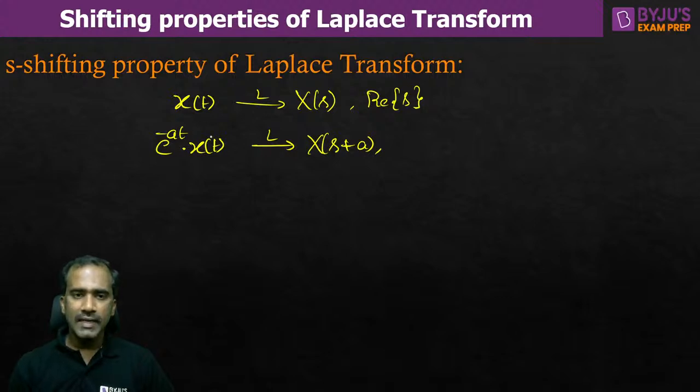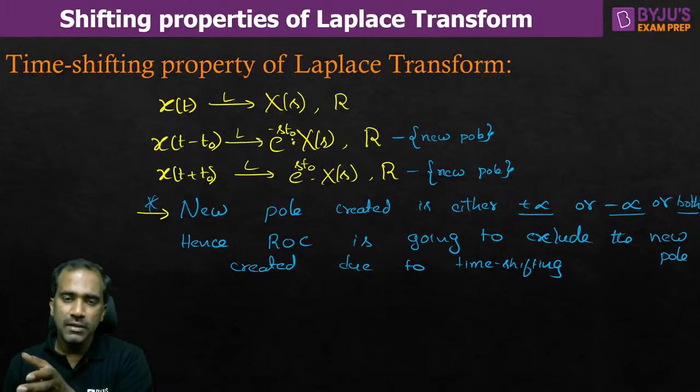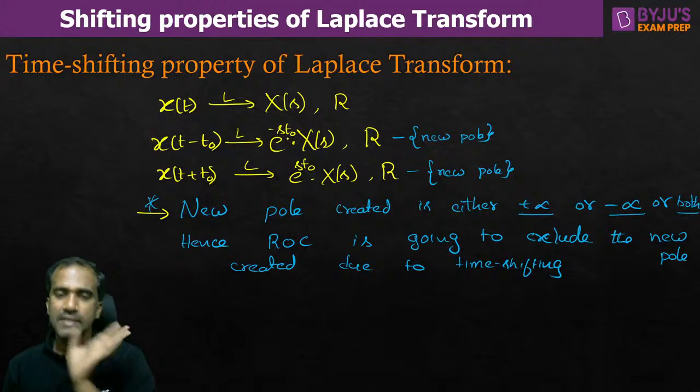Whenever in time domain you multiply with an exponential signal, in the other domain, what happens? Shifting is happening. See the previous property? Shifting in time domain, multiplication with exponential signal is happening in the other domain. So if in one domain shifting happens, in the other domain, multiplication with exponential signal is happening.